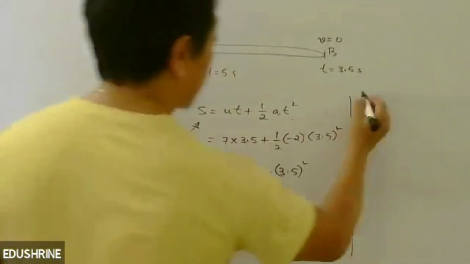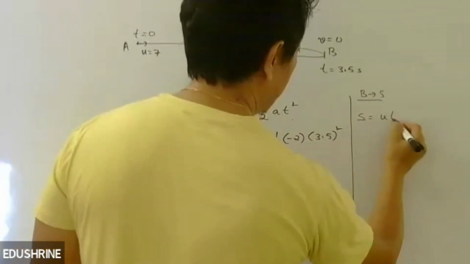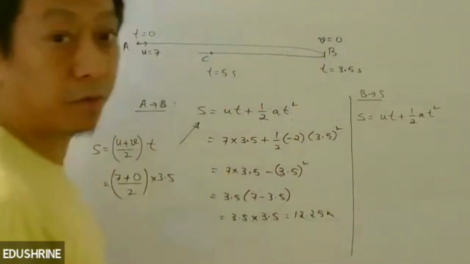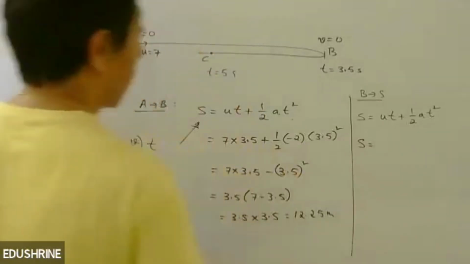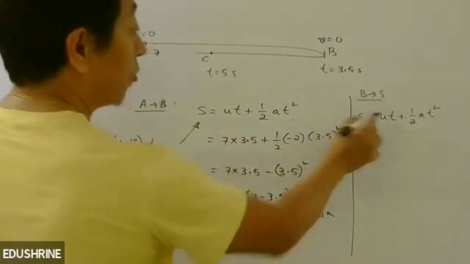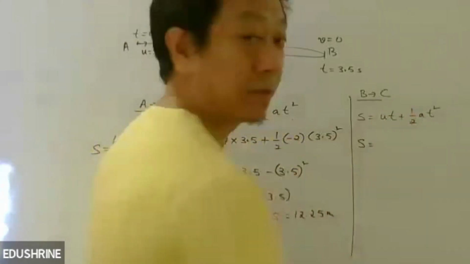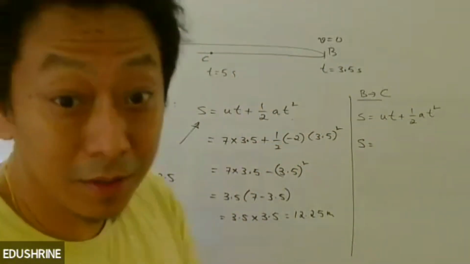Now second part, B to C. S equals ut plus half a t squared. Formula will be same only. Now what is u from B to C? 0.